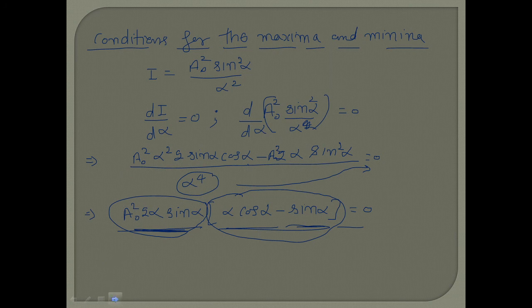Here we have two cases. Case 1 is A naught square 2 alpha sin alpha is equal to 0.